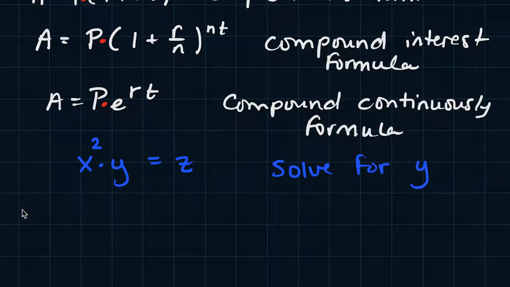Well, how would you do that? Well, you would do exactly what we just mentioned. You say y is equal to z divided by x squared. Now we have this fun little property with fractions. And that property says that if you have a number in the denominator raised to a power, you can actually push this thing into the numerator.